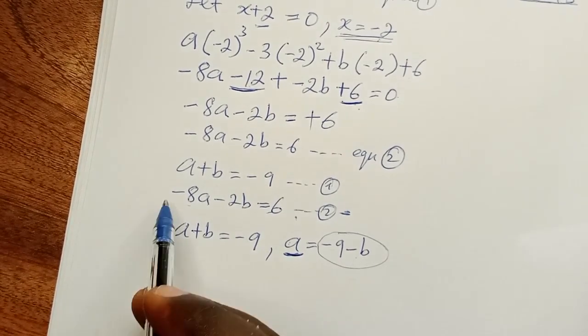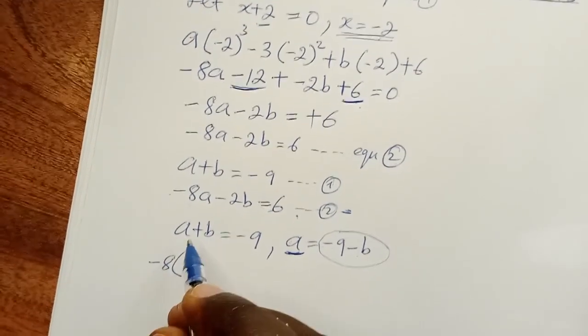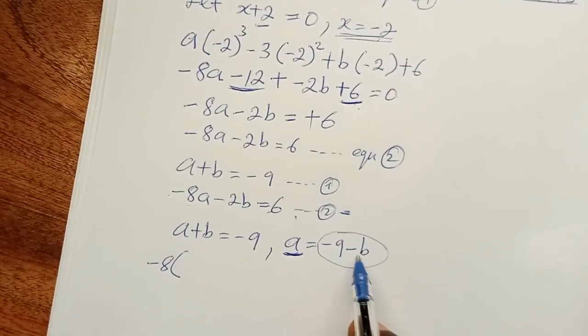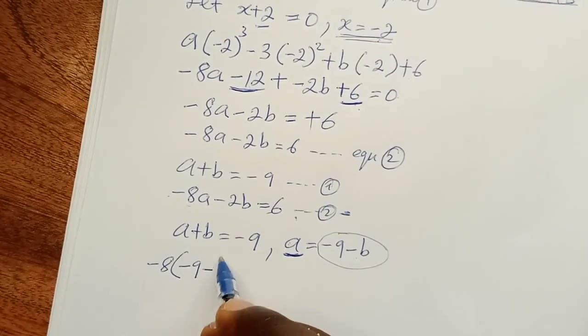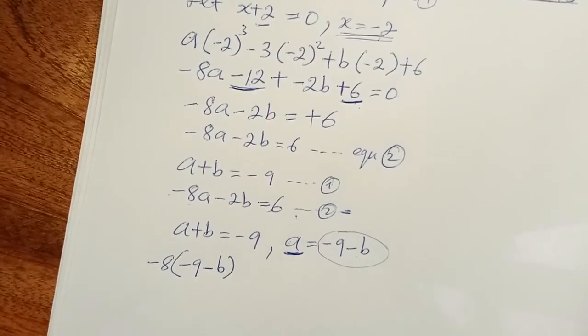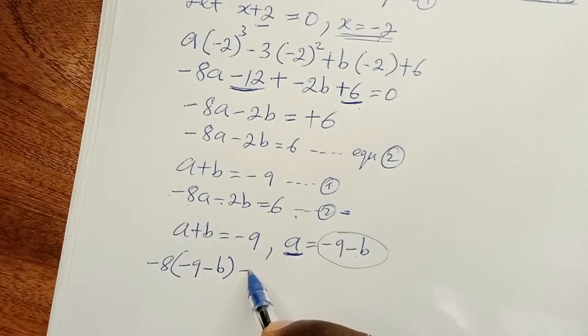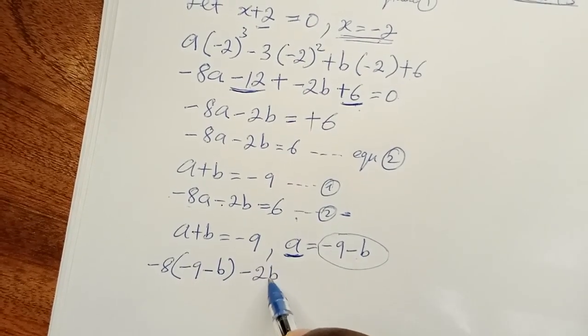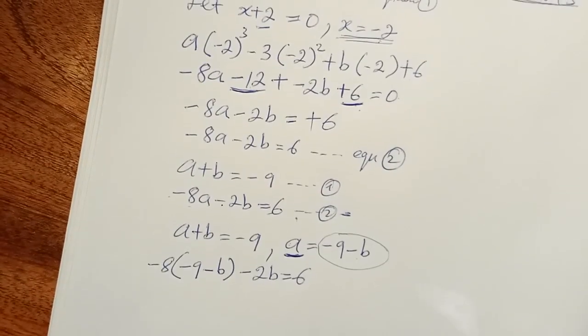So this is going to be minus 8a, where a is minus 9 minus b, minus 2b equal to 6. So we have it like this.